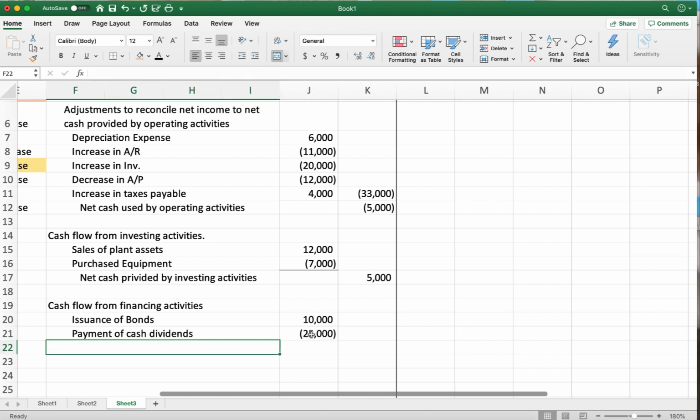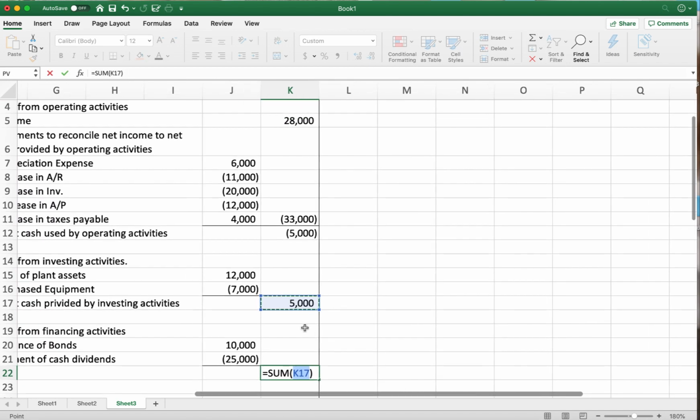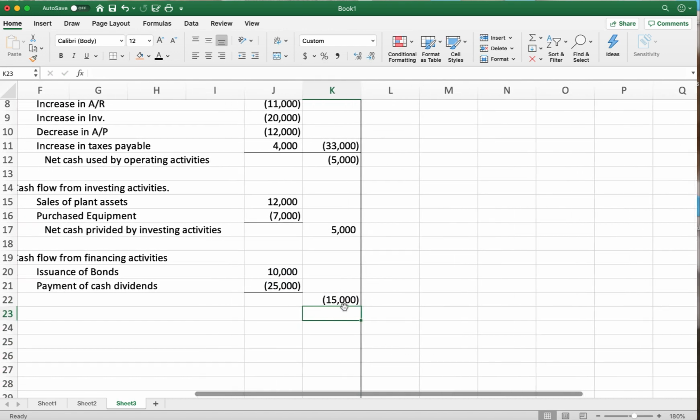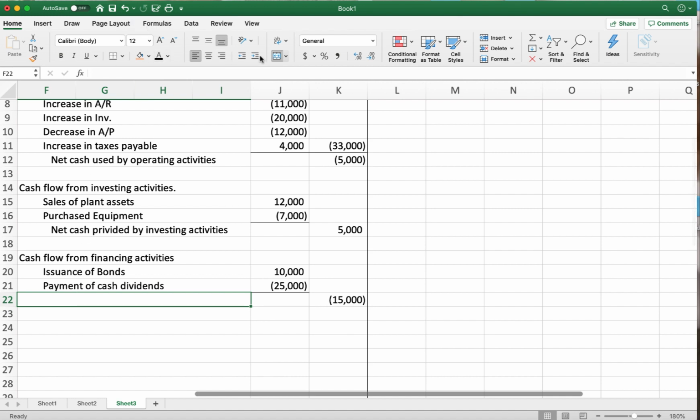Okay. We're going to take the net of these two numbers, and we see that we have a loss of $15,000. What is this right here? This is the net cash used, because it's negative, by financing activities.